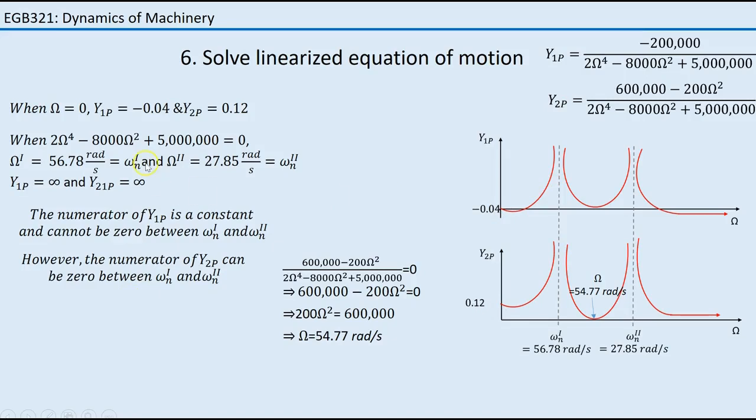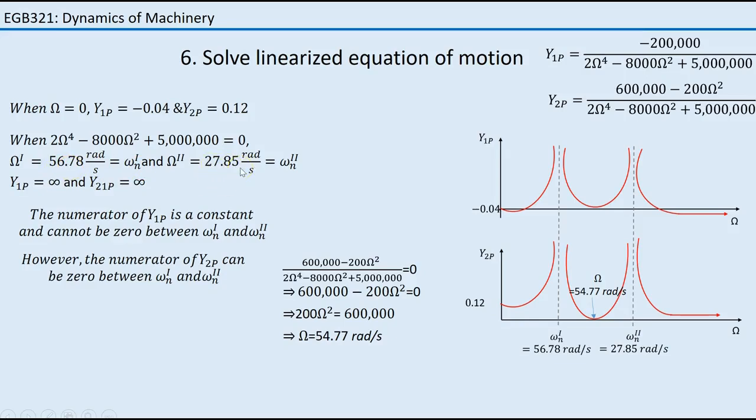The second case is when the denominator of the amplitude becomes 0. Once the denominator of the amplitude becomes 0, the force frequency becomes the natural frequency, which is 56.78 and 27.85.